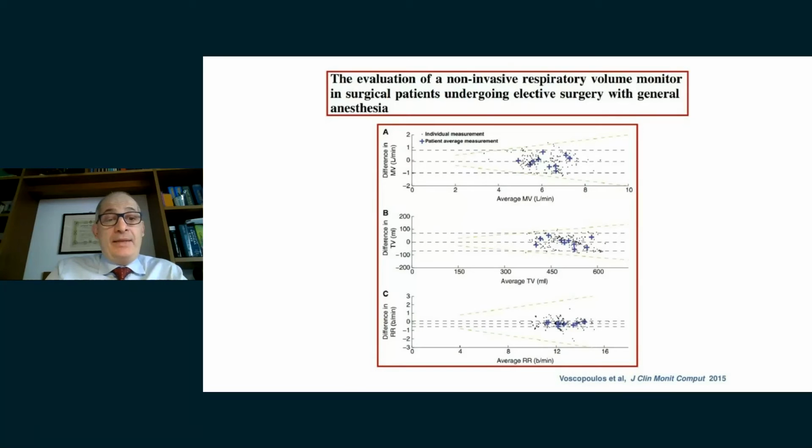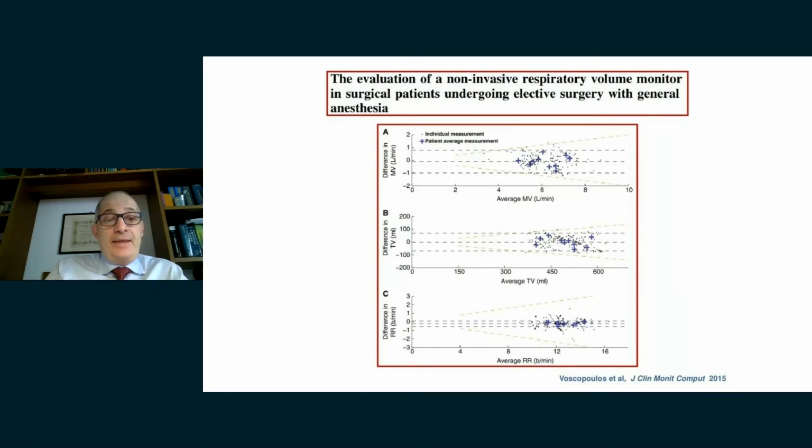The Bland-Altman considered individual measurements of each patient in the different conditions. In the upper part is the comparison between the two devices for the minute ventilation, in the middle for the tidal volume, and the lower part for the respiratory rate.